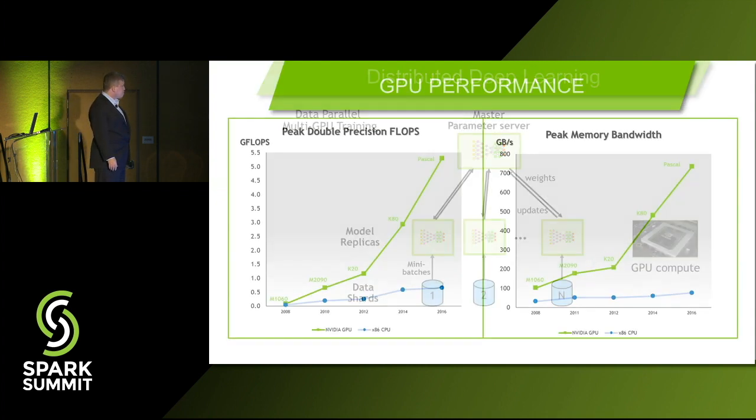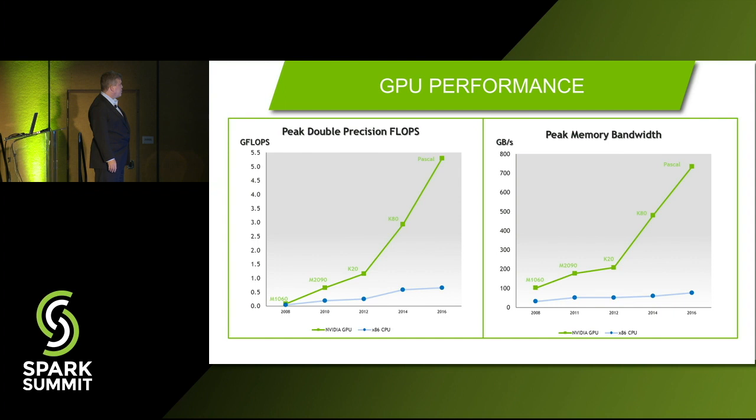Again, GPU performance over the last decade or so has scaled both in compute power and peak memory bandwidth much faster than CPUs, which have basically stopped scaling in single-threaded performance because of Moore's law.